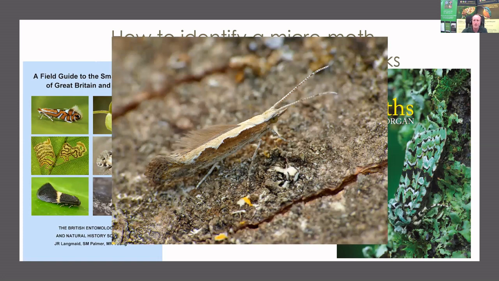So all of these things you need to take into account: just because the books say it doesn't occur doesn't mean it can't be there, but you may need to get a photo or a specimen to your county recorder to double check that it is what you think it is.